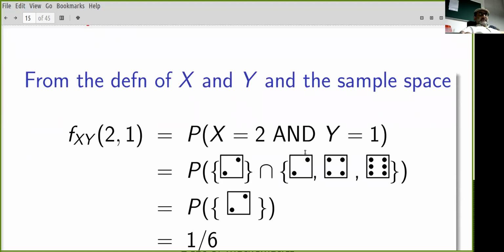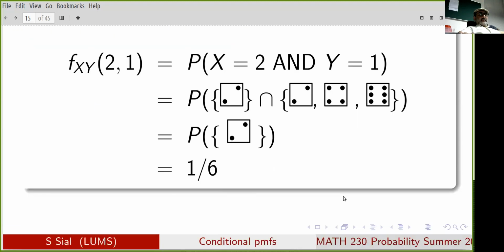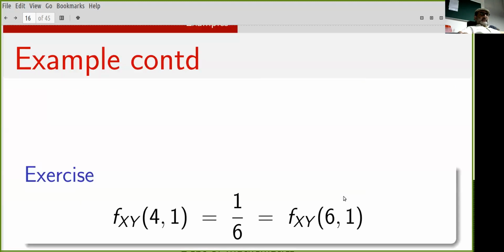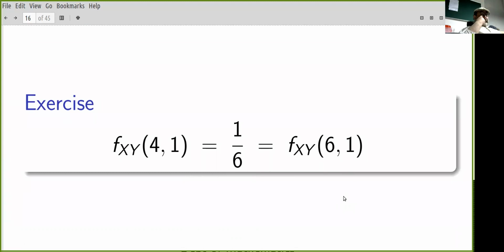X equals 2 corresponds to rolling a 2, and Y equals 1 means an even roll, which means rolling a 2, a 4, or a 6. The intersection of those two sets is getting a 2, and the probability of getting a 2 is 1/6 for a fair die. With similar reasoning, you should be able to show that the PMF for X equals 4 and Y equals 1, and for X equals 6 and Y equals 1, are both 1/6.